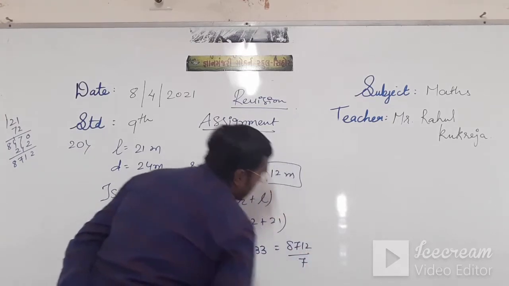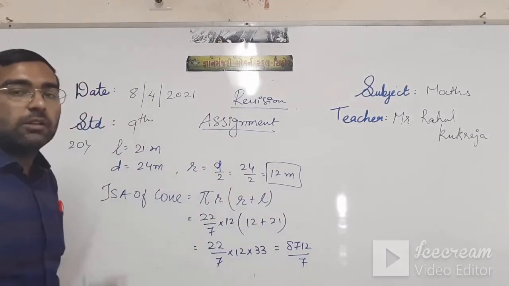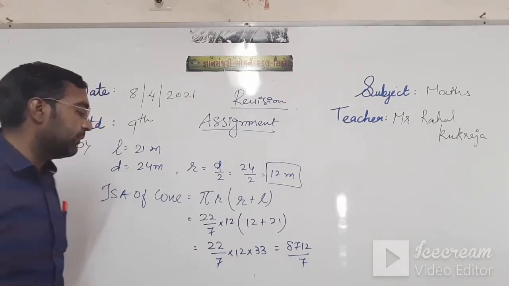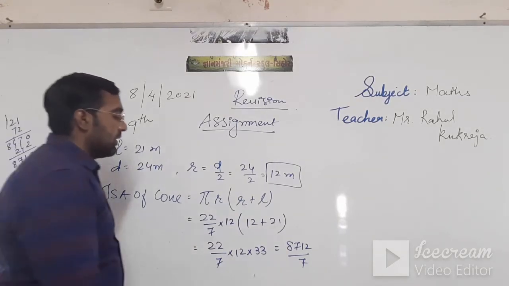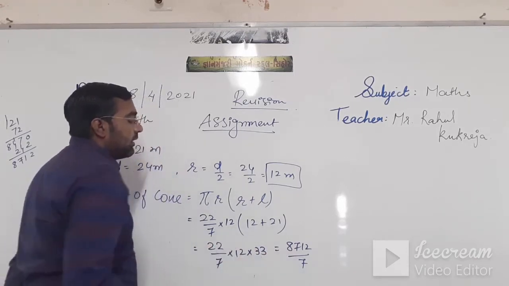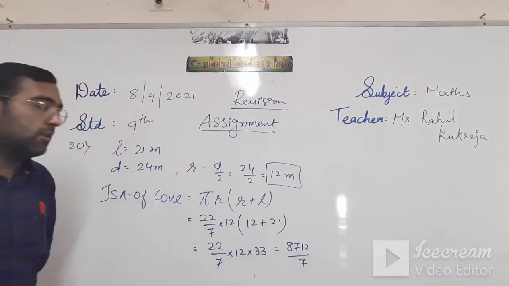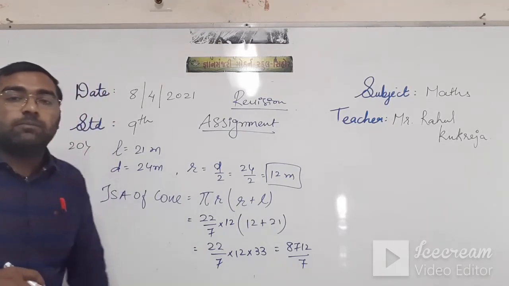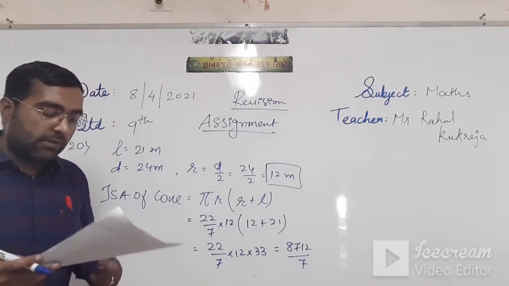First check the multiplication, all of you. Check the multiplication of 22 into 12 into 33. Is it correct? 8712 divided by 7.